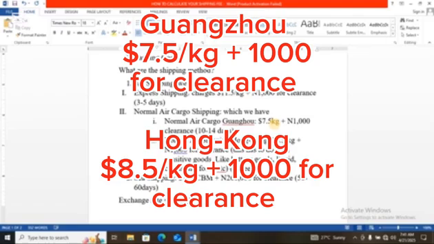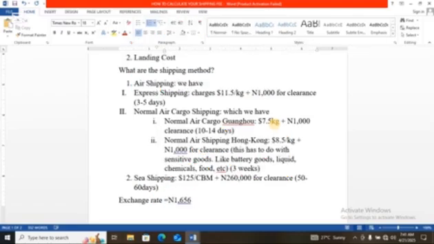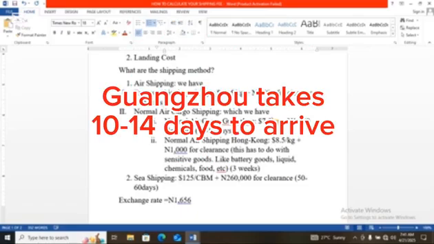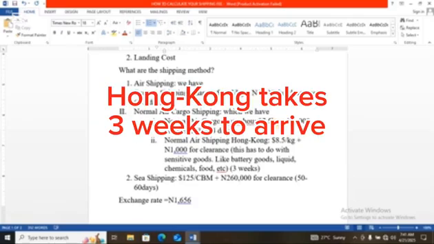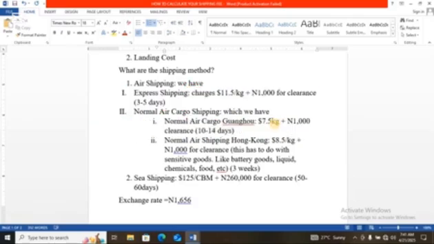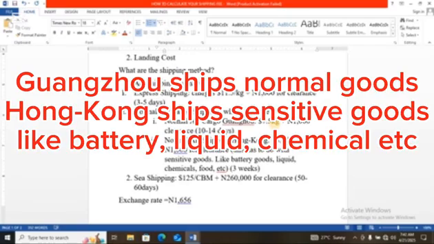While the normal air shipping using the Hong Kong route, you pay $8.5 per kg plus 1,000 naira for clearance. This takes 3 weeks. Now, what is the difference between Guangzhou and Hong Kong? The difference is what to do with any sensitive good you are buying.